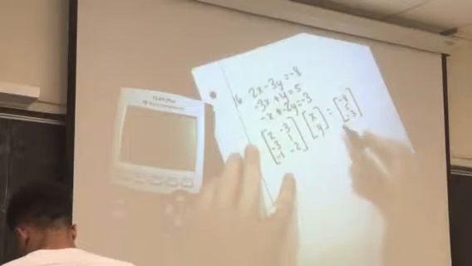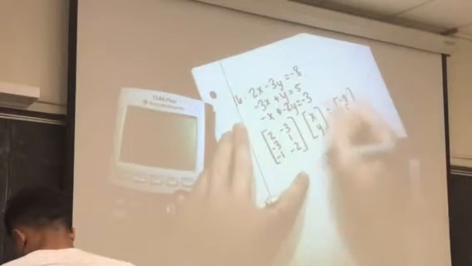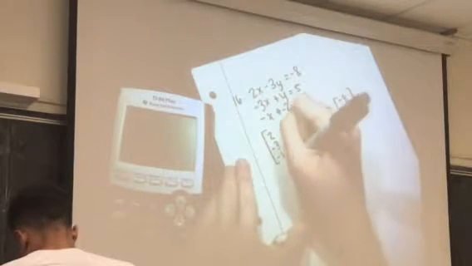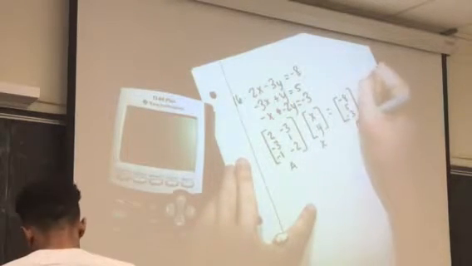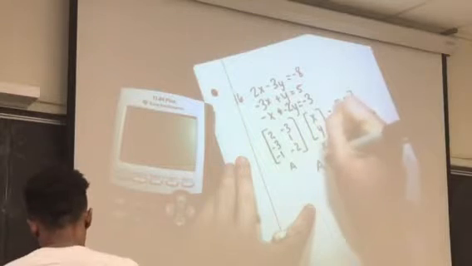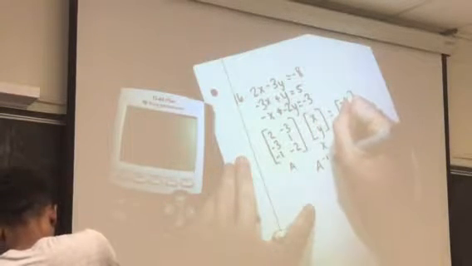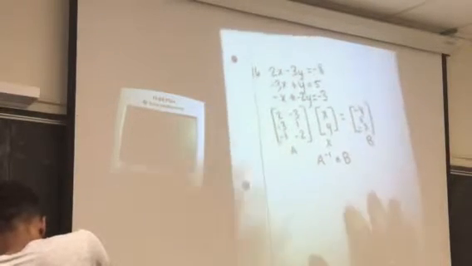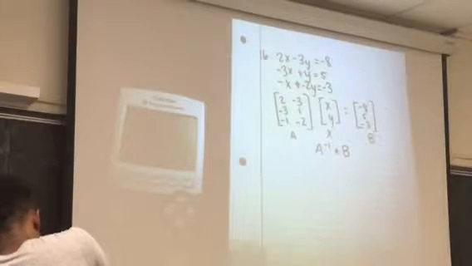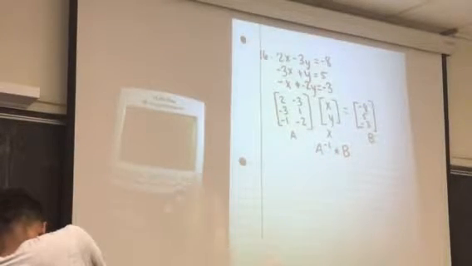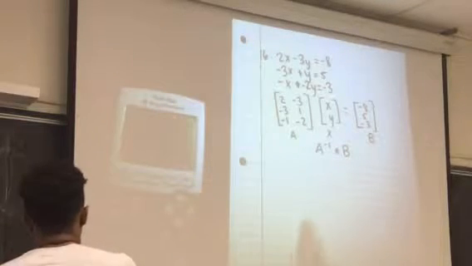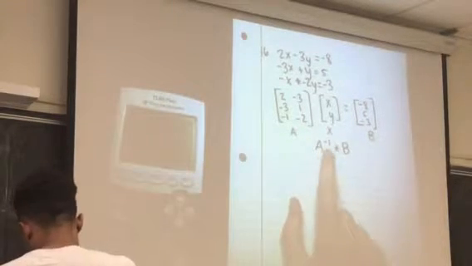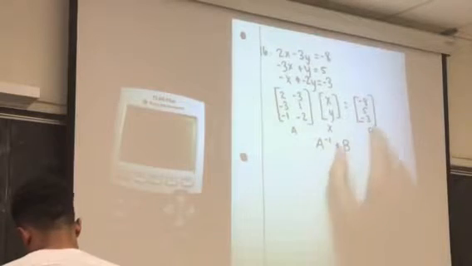Whenever we do this, it's A times X equals B. Remember, it's going to be A inverse times B. Will it always be that formula? Always. A inverse times B, where B is the answers.